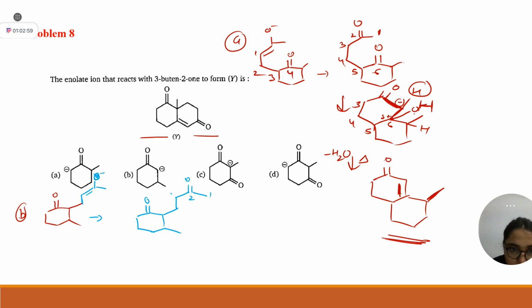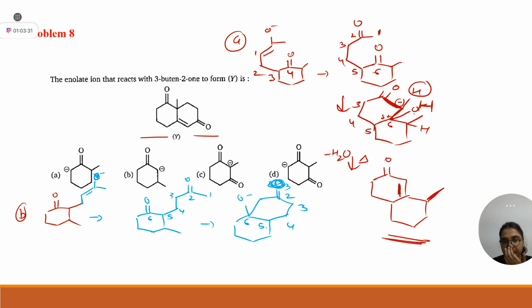Now, 1, 2, 3, 4, 5, 6. Do numbering 6, 5, 4, 3, 2, 2, and 1.